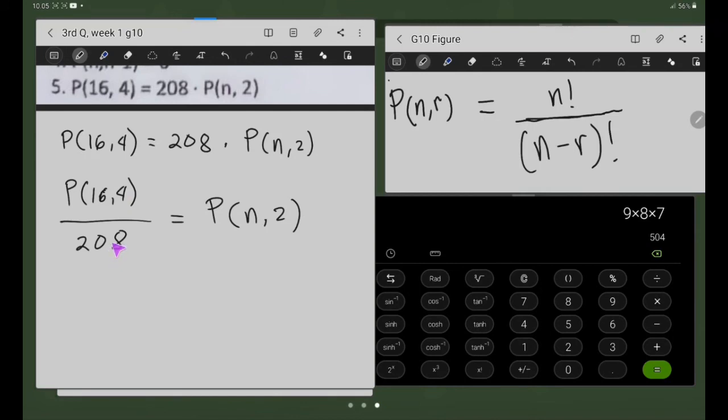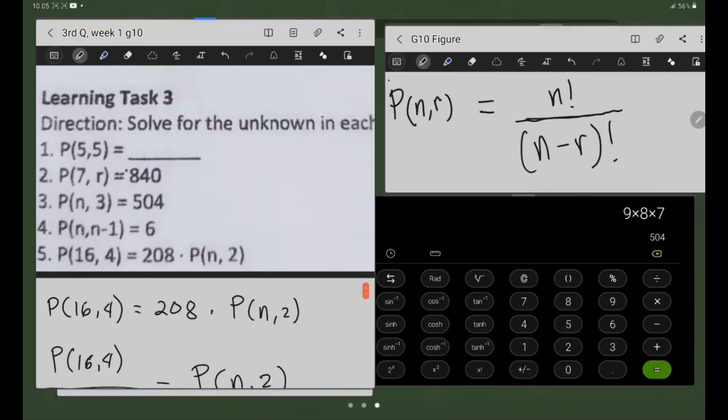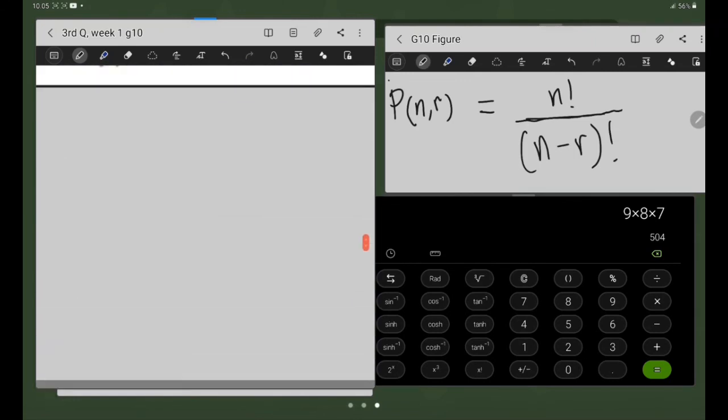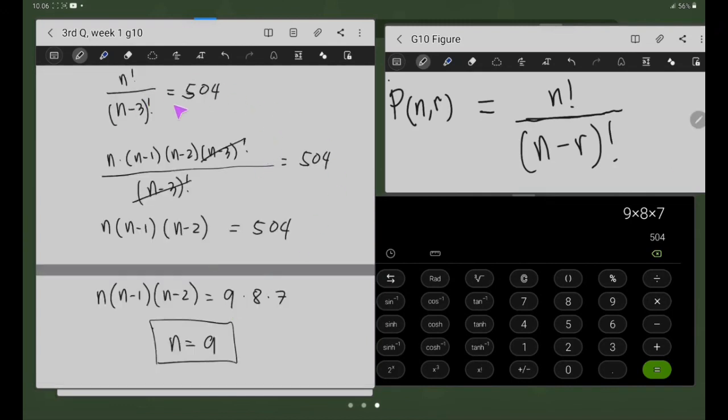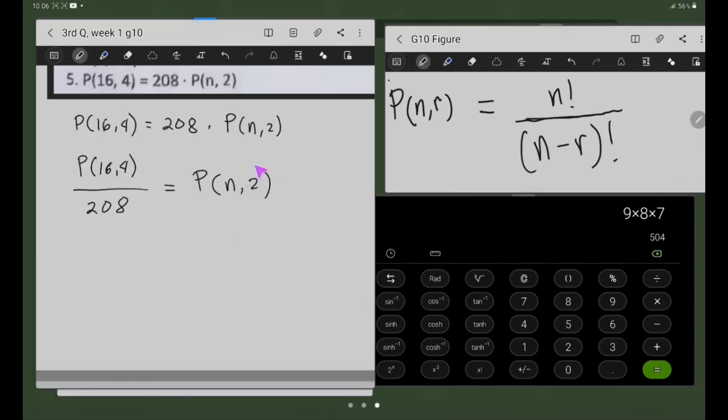Tapos ihanapin nyo yung value ng n dito, gamit yung simplified na number dito. Ito na solution ang gamitin nyo. Ito yung process na gamitin nyo sa paghanap nito.